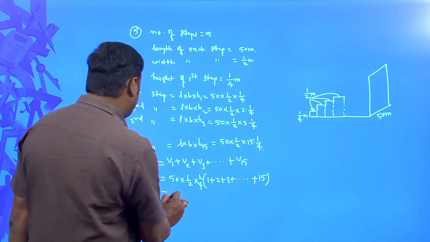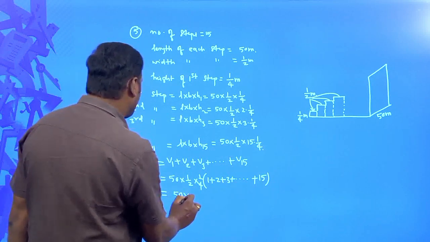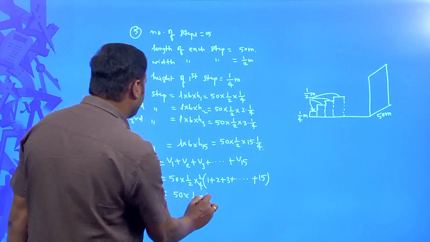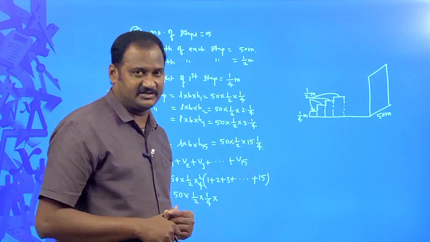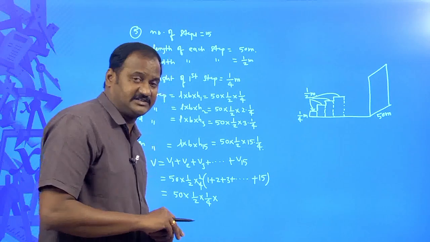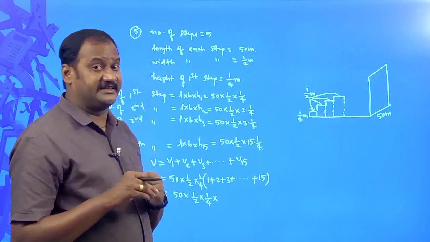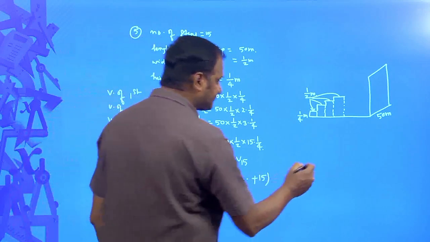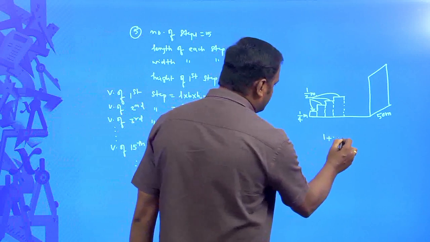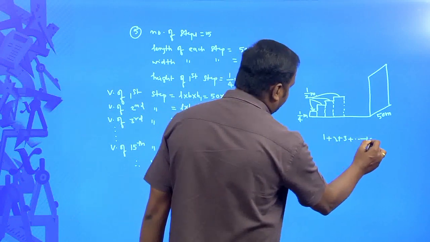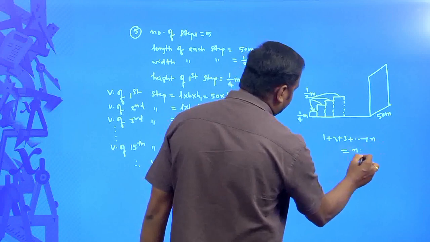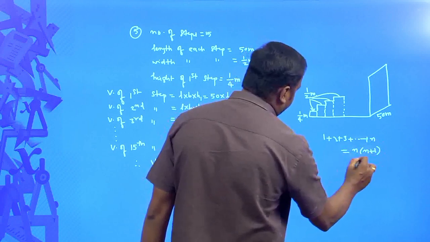So, this is equal to 50 into 1 by 2 into 1 by 4 into, see this is the sum of first 15 terms. So, in the very beginning of the session we discussed what is the sum of first n natural numbers: 1 plus 2 plus 3 plus so on plus n is going to be n into n plus 1 divided by 2.